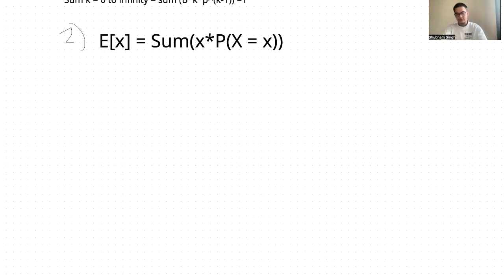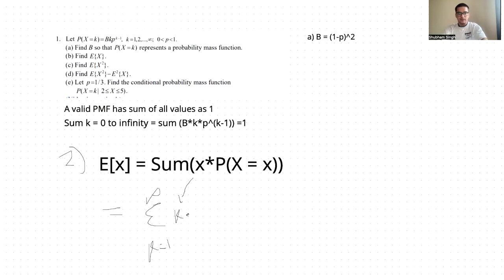This expectation is the summation from k equals 1 to infinity of k. Our x in this case would be k, and P(X = x) is what we have from here. We already have the value of b, so why not just put it there?